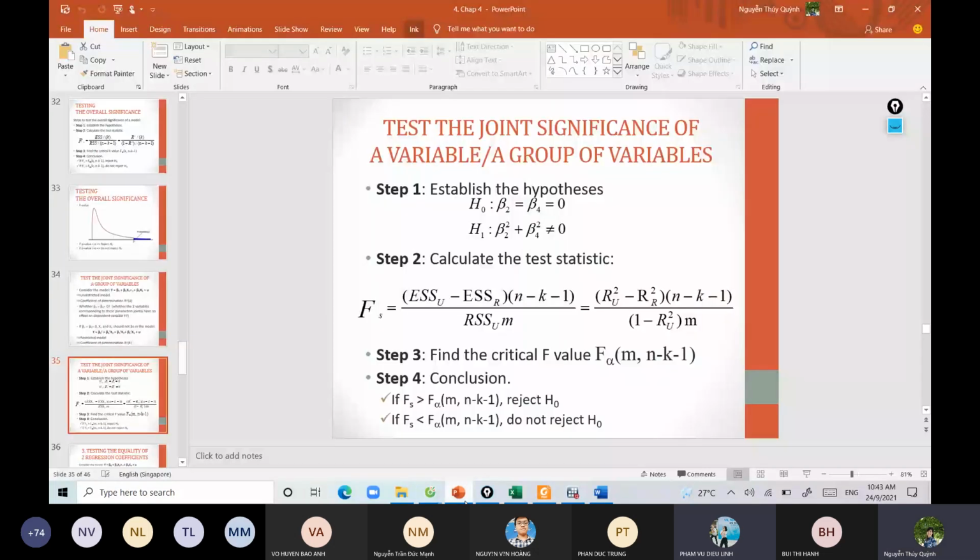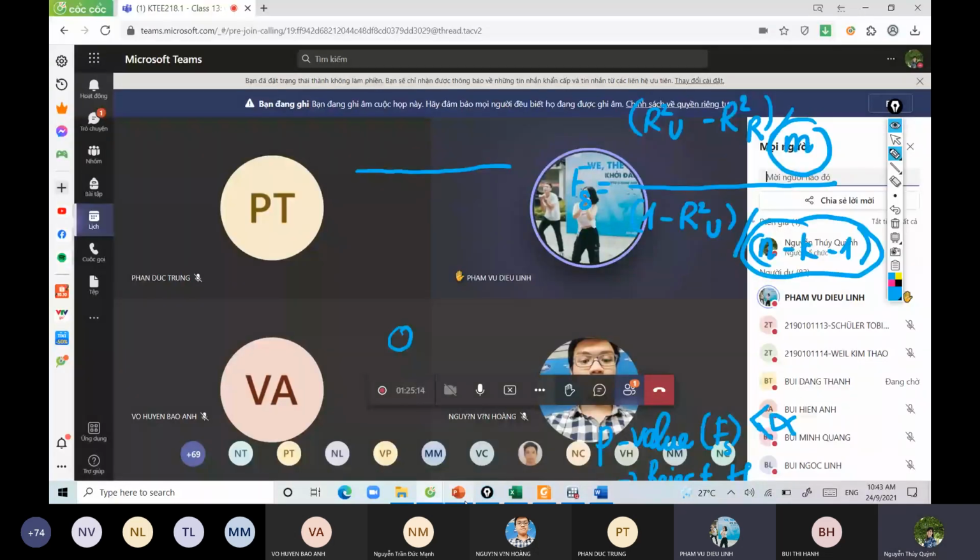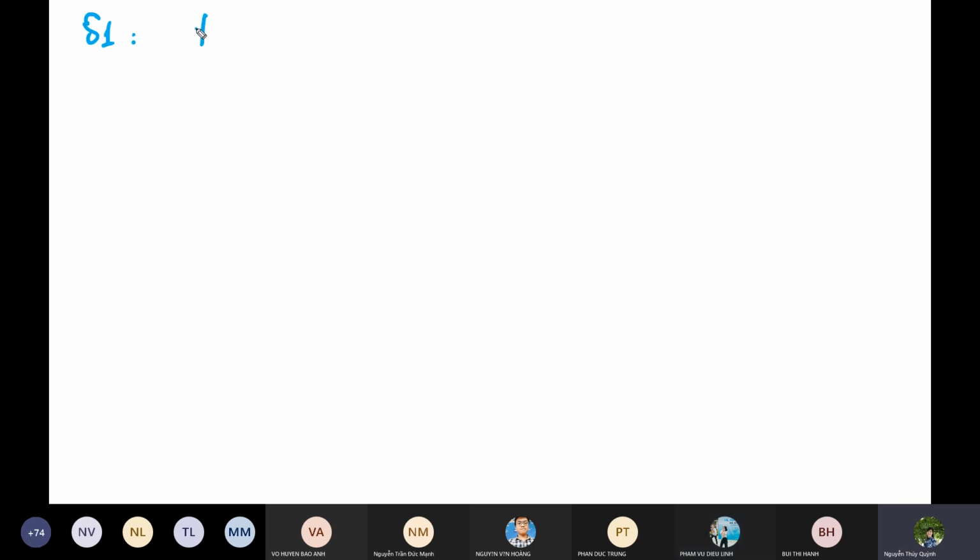So we see that the R square of the unrestricted model is almost equal to the R square of the restricted model. We have the steps here, so just follow the steps. Step 1, we need to state the hypotheses, H0 and H1.